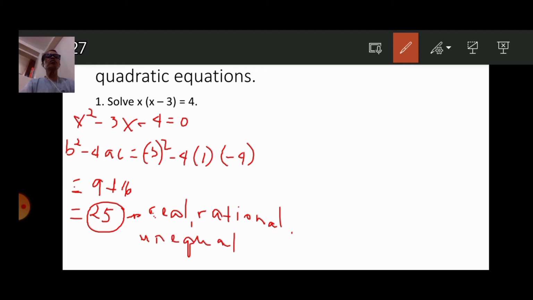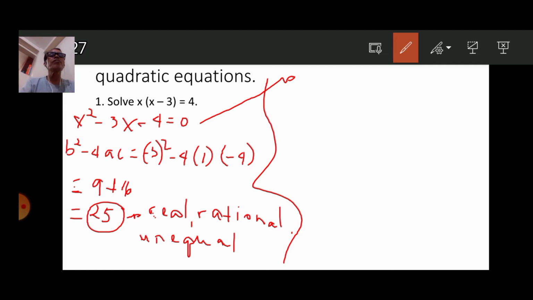Okay, by checking, we are going to find the roots to check if they are really real, rational, and unequal, as given by the discriminant. From this equation, x squared minus 3x minus 4 is factorable.